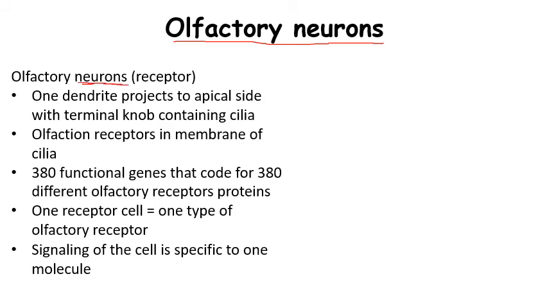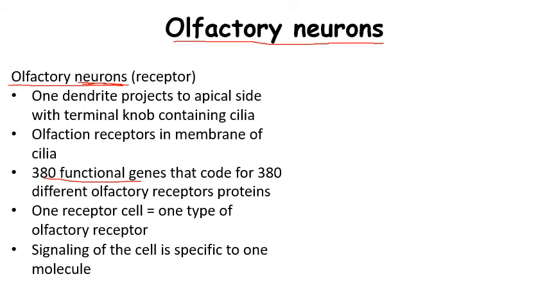Whereas taste, we saw it was a modified epithelial cell that was the sensor cell. So olfactory is a sensory neuron. Basically, the sensory receptors that we're going to look at in a second are on the olfactory neurons. What we see is there are many genes that code for different receptors.